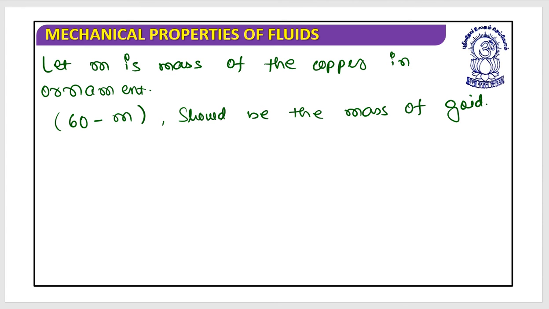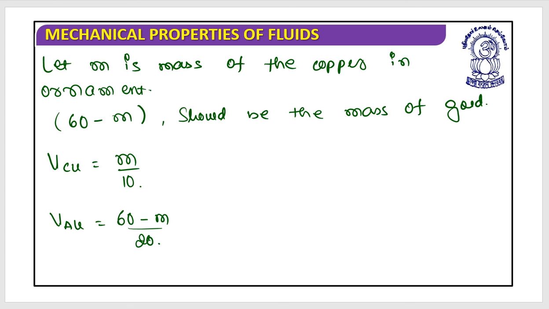Now let's suppose the volume of the copper is m by 10. Yes, it's density: density is equal to mass by volume, so volume is equal to mass by density. In the same way, the volume of gold, the volume of Au, is equal to 60 minus m divided by 20. I hope this is clear.